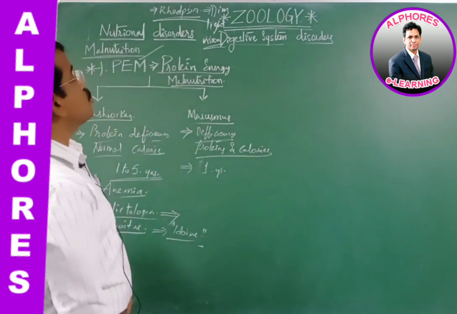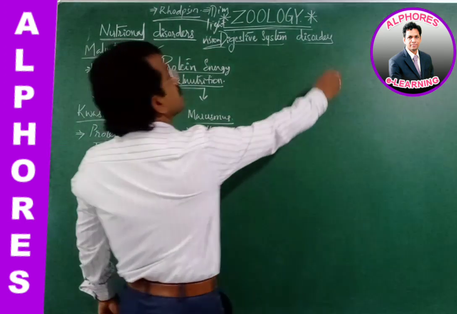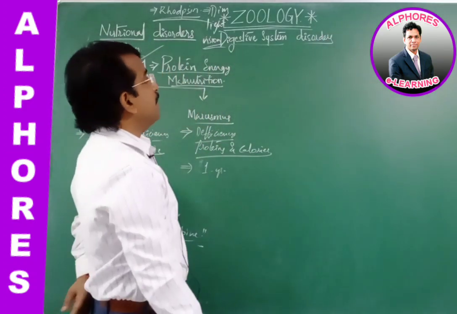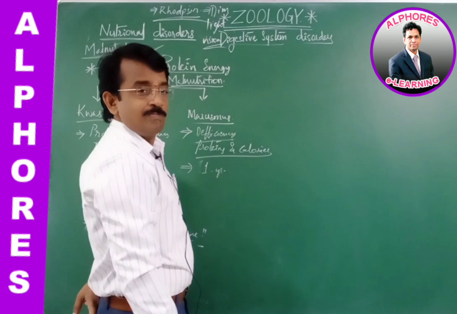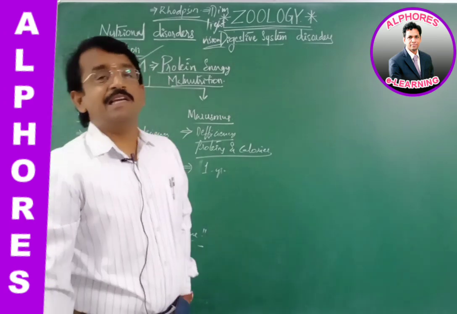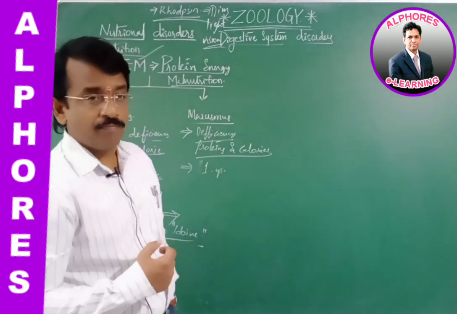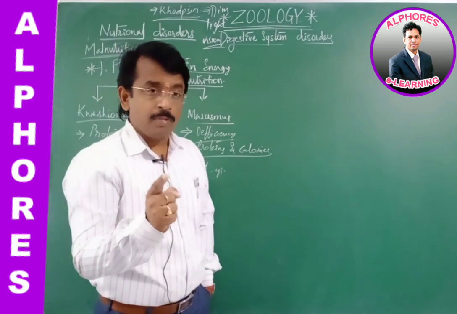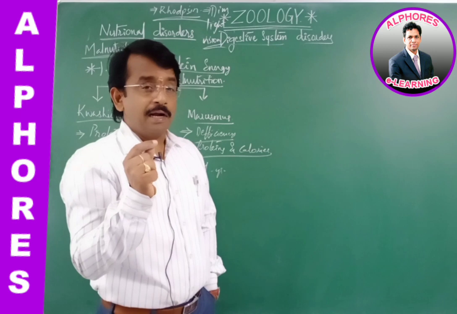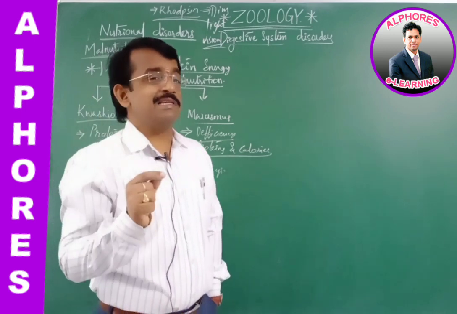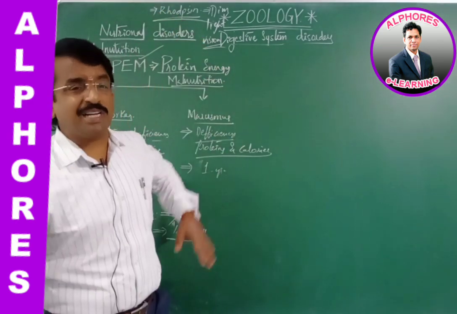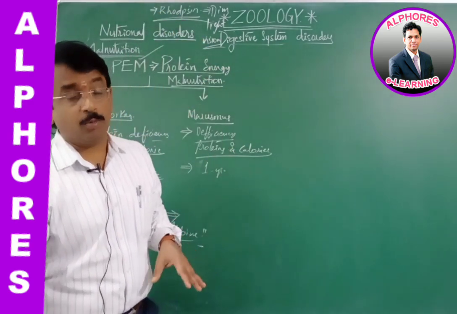Now let's move on to digestive system disorders. Generally, the digestive system is prone to disorders. These disorders are due to untimely food consumption, that is, taking food at irregular intervals. Why?